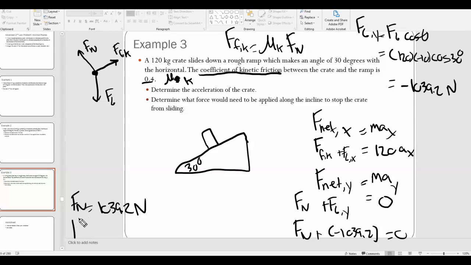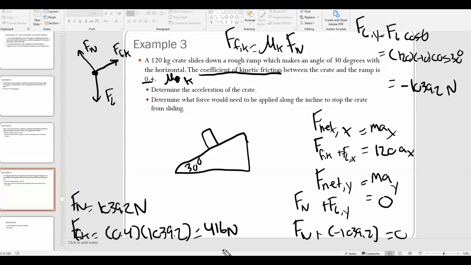Now I can find FFK because FFK is mu k, which is 0.4, times Fn. And so I just need to multiply that by 0.4, and I get, I don't know, let's call it 416 newtons. Okay, that's the magnitude of the force of kinetic friction. Based off of how I drew this, that is acting in the positive x direction.